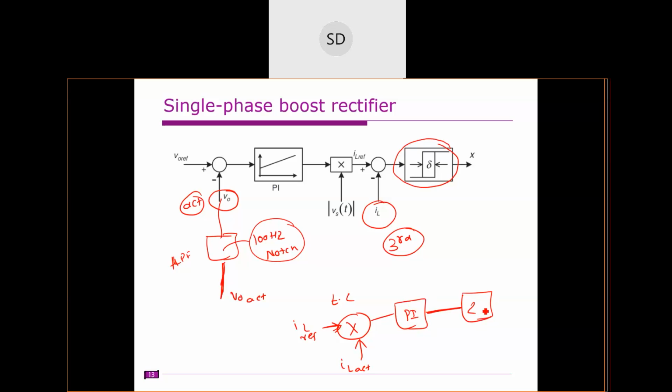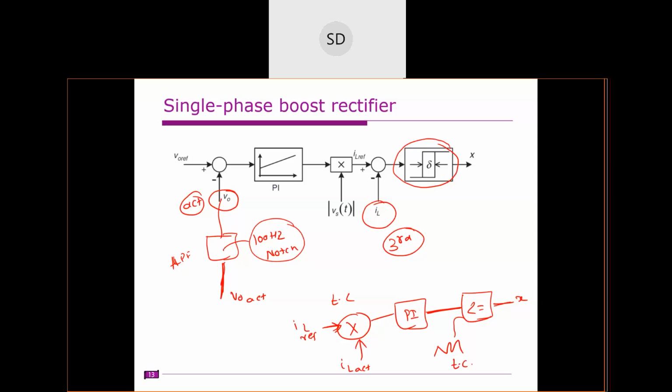These signals are compared with a triangle carrier, which generates the firing signals for the switches. So this is hysteresis control based. Either you can use a hysteresis controller or a triangle carrier controller. The ultimate aim is to control the DC side output voltage and make the source current sinusoidal and in phase with the source voltage.